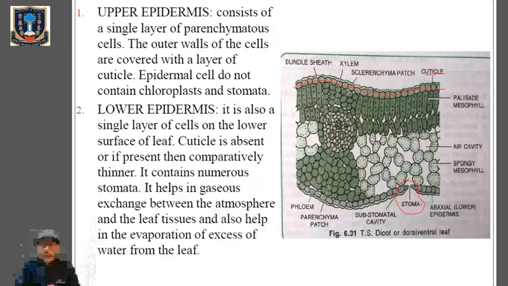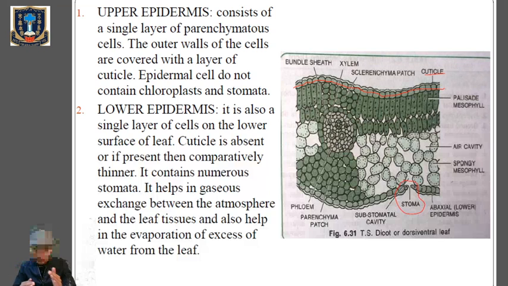Okay, so stomata help in the gaseous exchange between the atmosphere and the leaf tissues, and also help in the evaporation of excess water from the leaf, because too much water is also not good for the plant. So that excess water will be lost in the form of vapor by the process of transpiration through the stomata from the surface of the leaf.